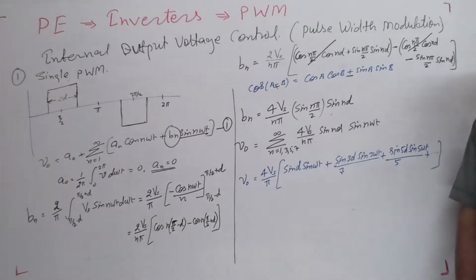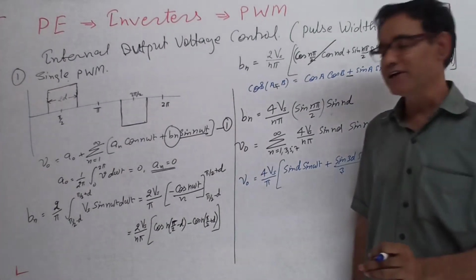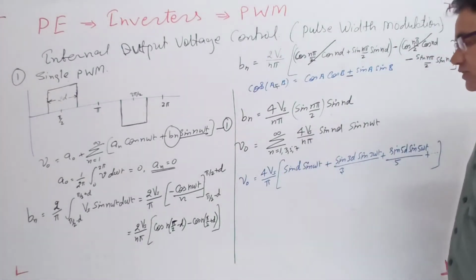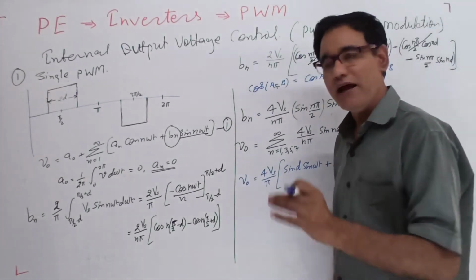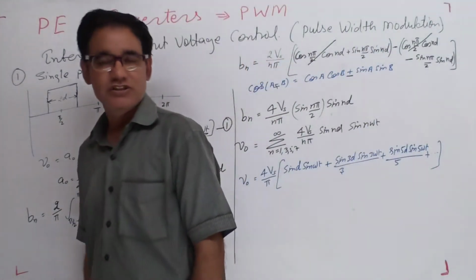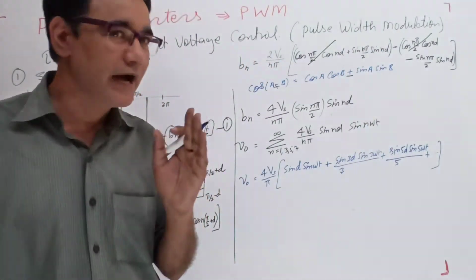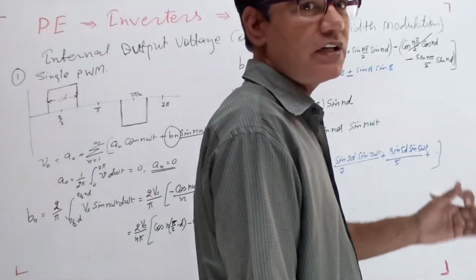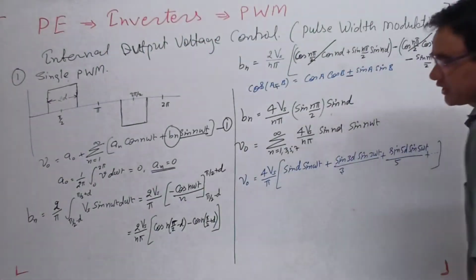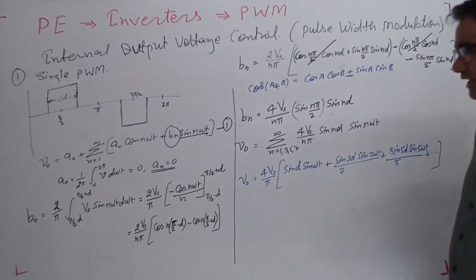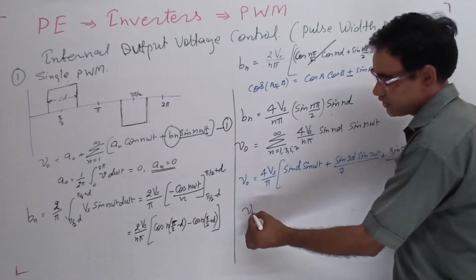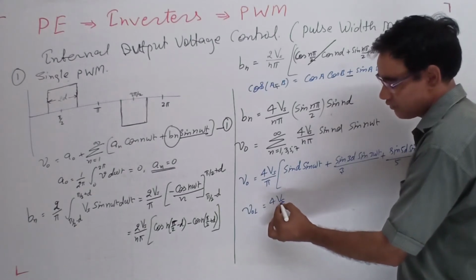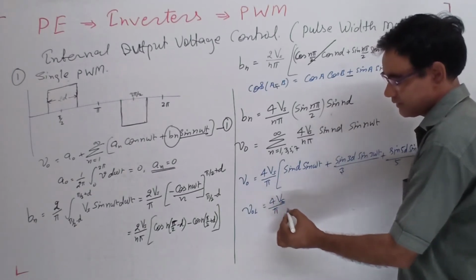This is the output voltage. It has the fundamental as well as the third, fifth, seventh and ninth harmonics. The maximum value of the fundamental is 4Vs upon pi.